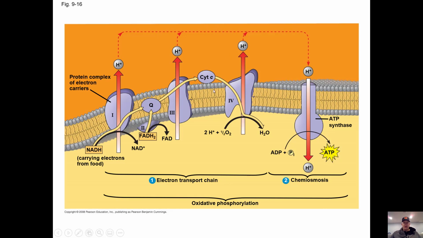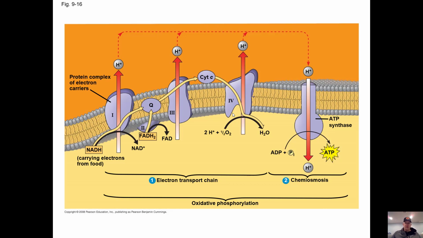All right. Ultimately, those electrons that have gone from NADH all the way to this last pump need a place to go. So oxygen is what's called the electron acceptor. Oxygen will take those electrons from NADH and incorporate them into a compound and make water. Think about that original equation, where we have sugar and oxygen, and we make carbon dioxide and water.